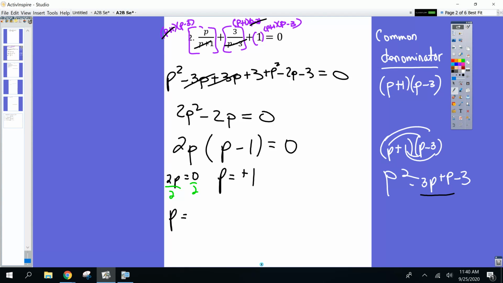Is it just p equals 1/2? Oh, where's 1/2 come from? You got 0 divided by 2. Right, you divided both sides by 2. P's by itself, and now on the right, you have 0 divided by 2, so it'd just be 0. Good job.